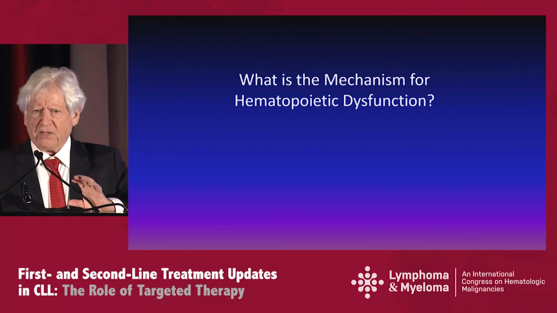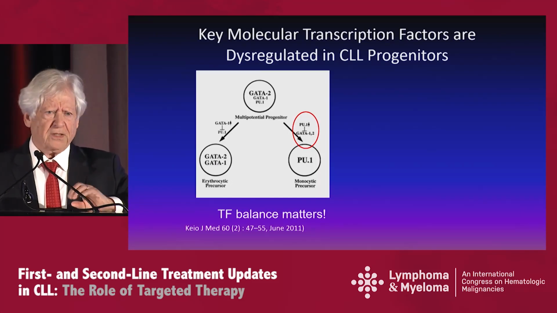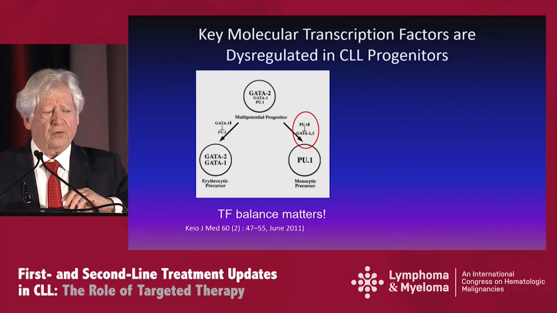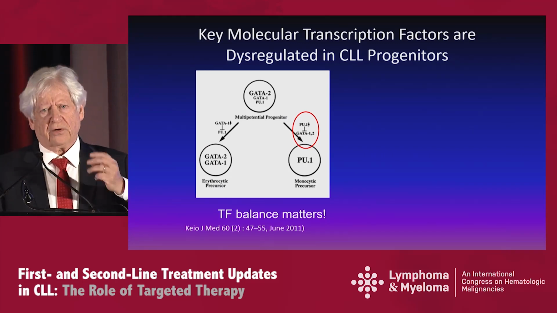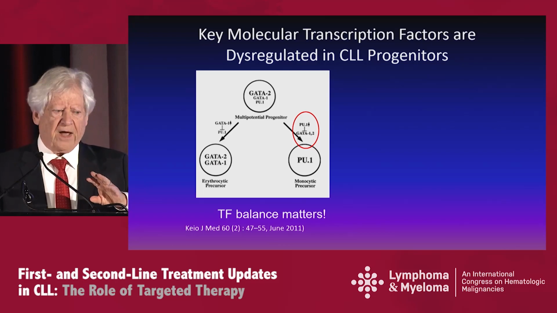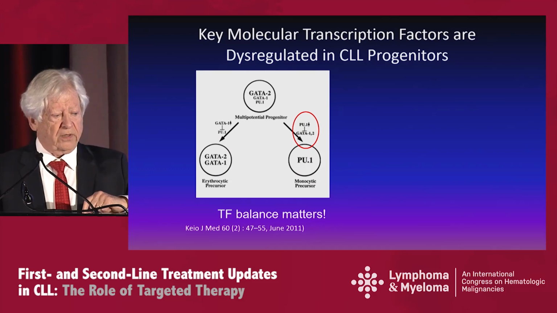So what is the mechanism for this hematopoietic dysfunction? To set the stage for this, I'll just quickly go through some of the biology that relates to differentiation. So what you see on the left-hand side is a multipotent progenitor with 3 transcription factors that are crucial for its function and differentiation: GATA2, GATA1, and PU1.